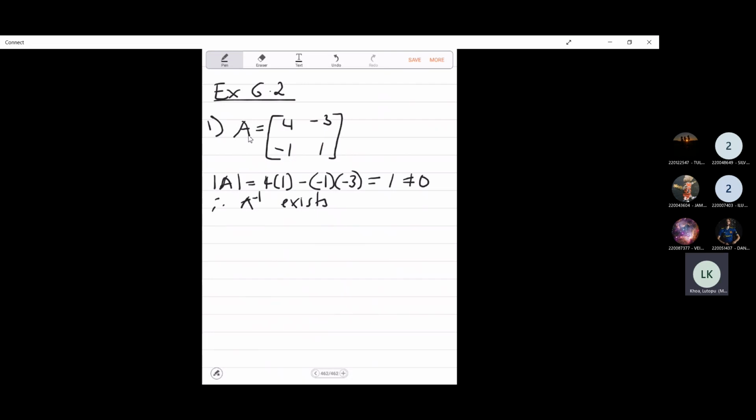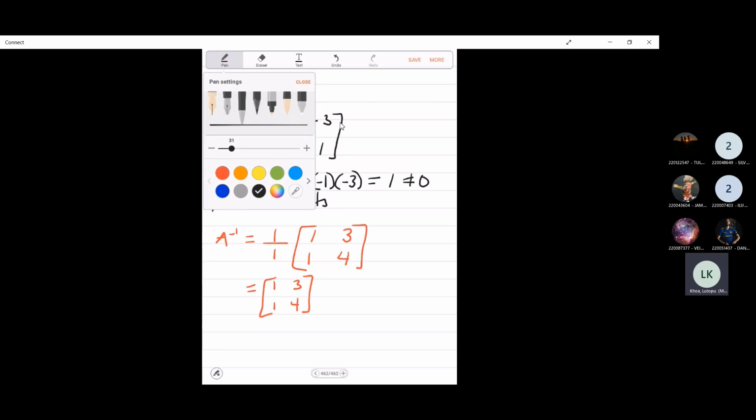Your A inverse is 1 over your determinant, which is 1, multiplied with this, and your answer would be 1, 3, 1, 4. And now we want to get the same answer just using Gauss elimination.